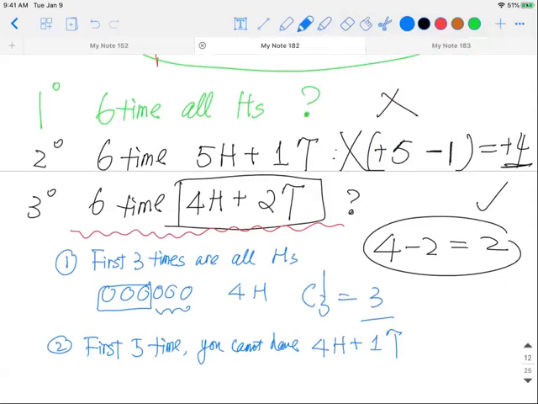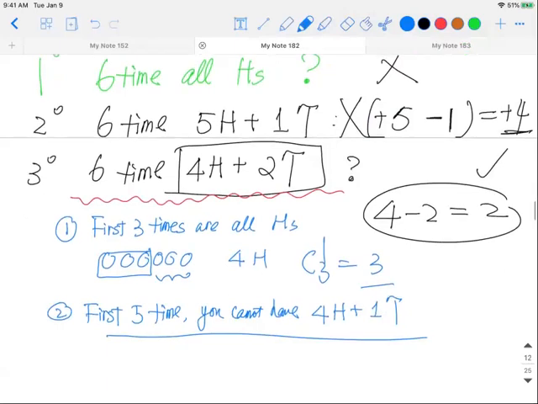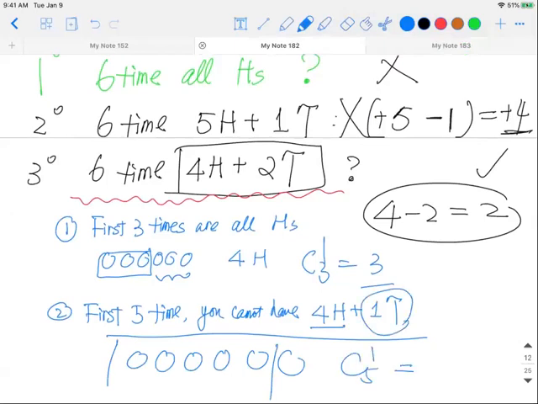That being said means what? It means 1, 2, 3, 4, 5. In the first 5 times, you want to have 4 heads, 1 tail, C5,1. You just pick up 1 position as a tail. Your work is done. You guys follow me?